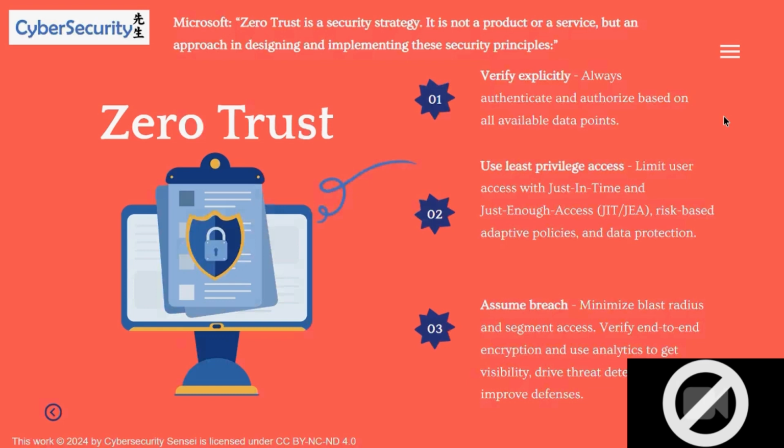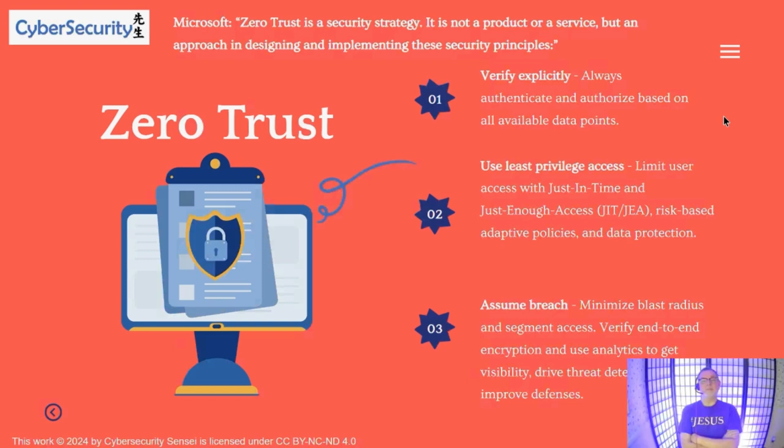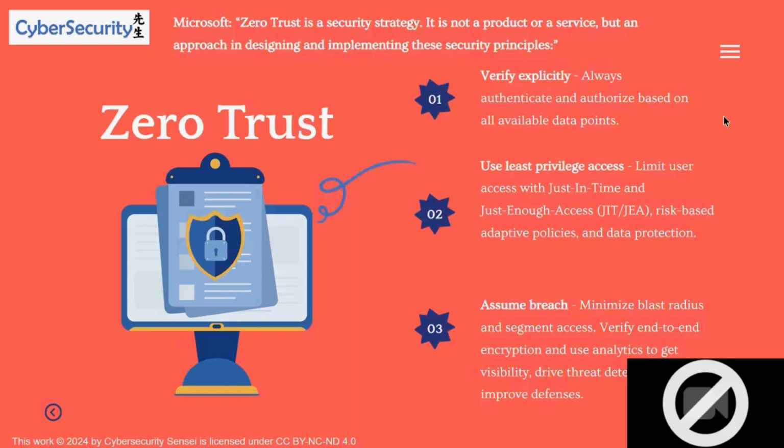It's not like least privilege, where someone using Active Directory gives you permissions, and you don't need to be verified all the time. Whatever is set up for you, you will be able to access. But with Zero Trust, you have to log in, you have to use your credentials, you have to be verified all the time.